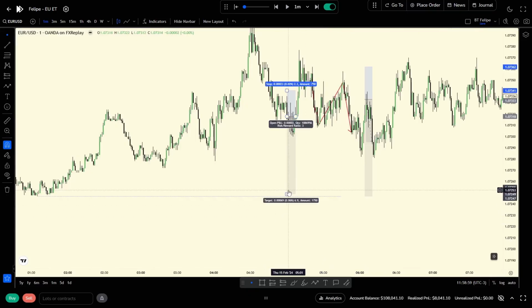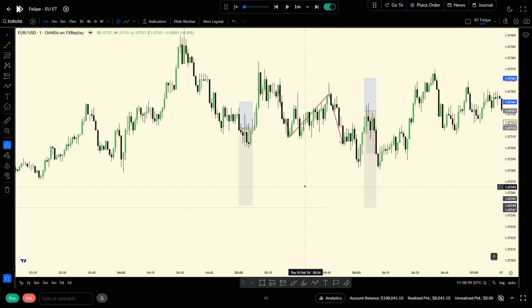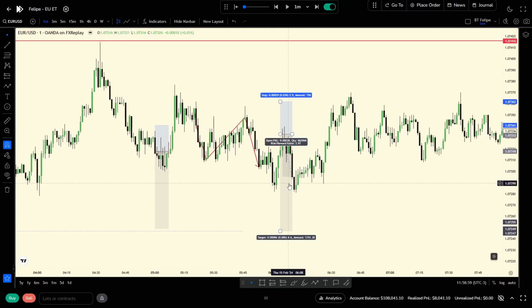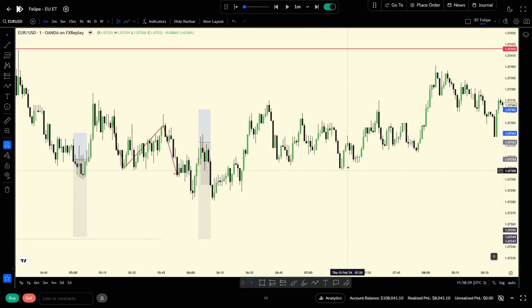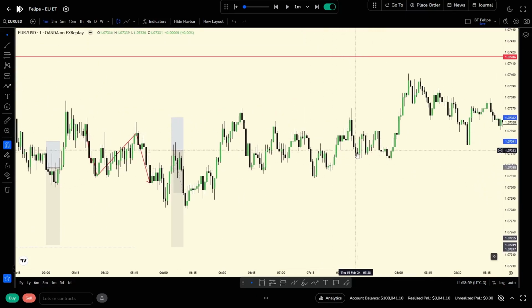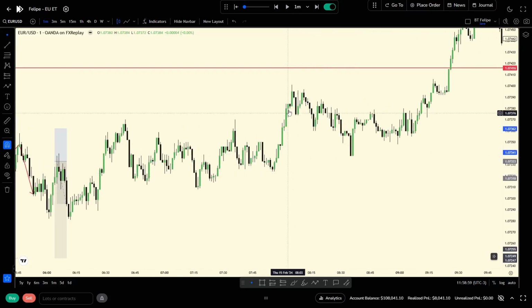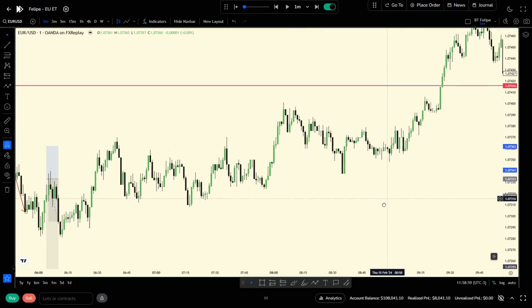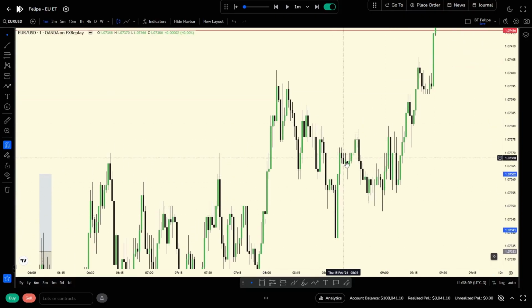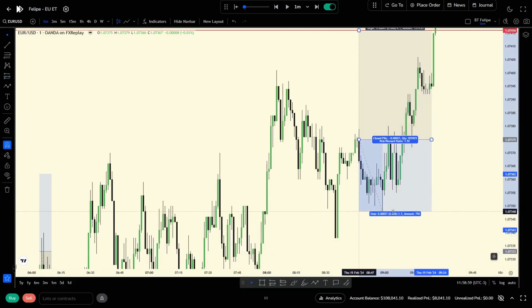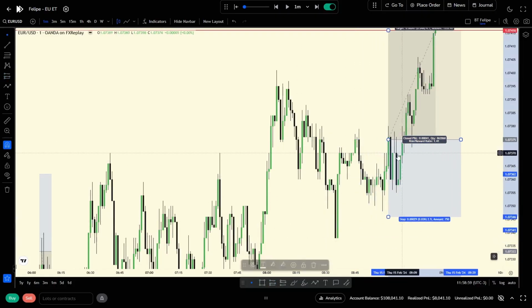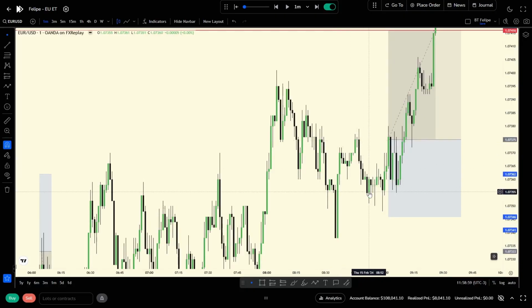Let's see if I missed some longs. Maybe here. This is valid.